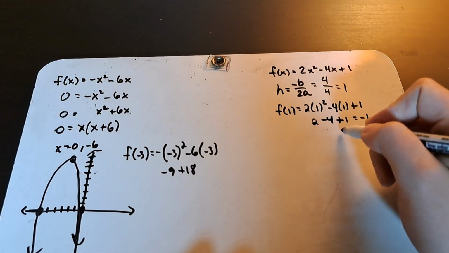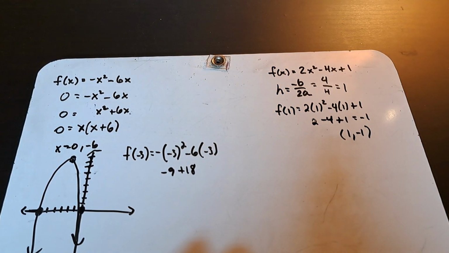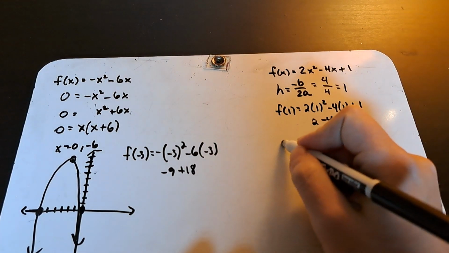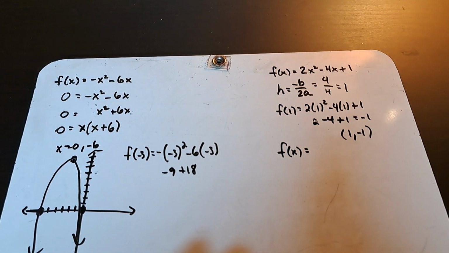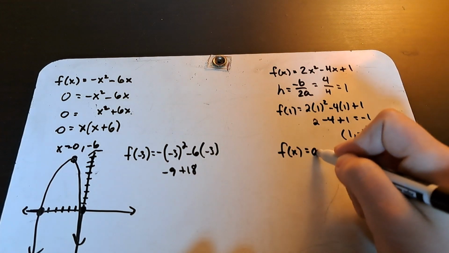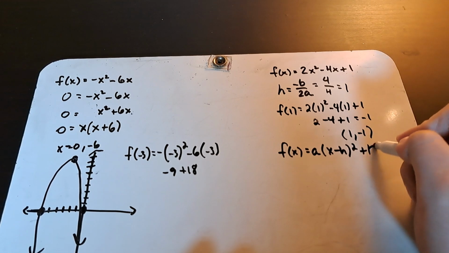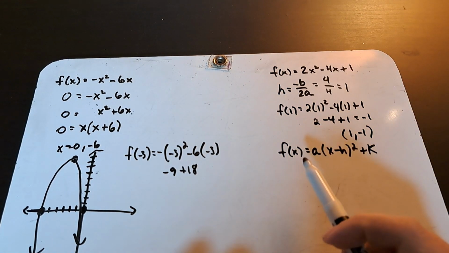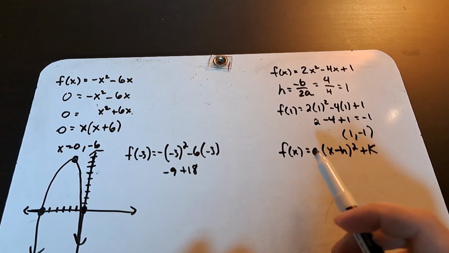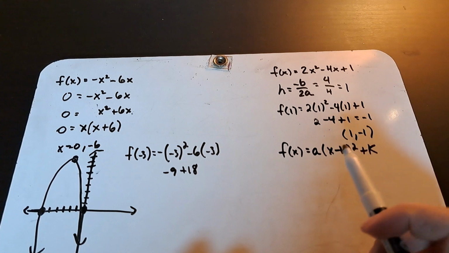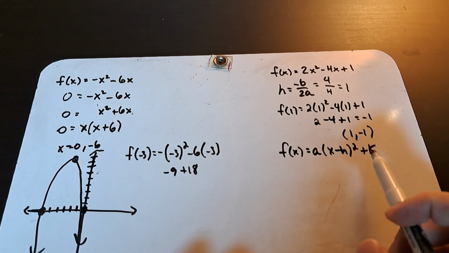So my vertex is going to be at the point 1, negative 1. And if we turn this into a function that looks like a transformation, well, remember that our blueprint here for any quadratic function is going to look like this, where a is basically how much it's getting stretched by or compressed vertically, and then h and k is our vertex.